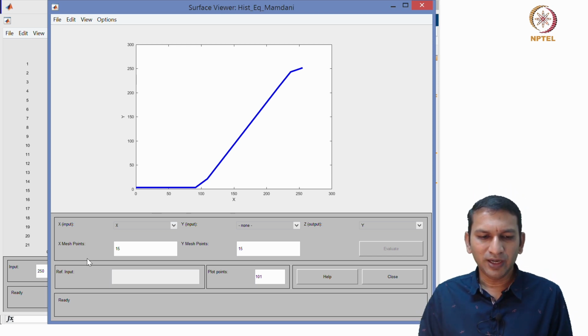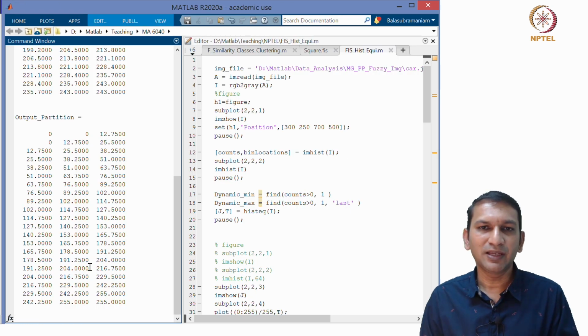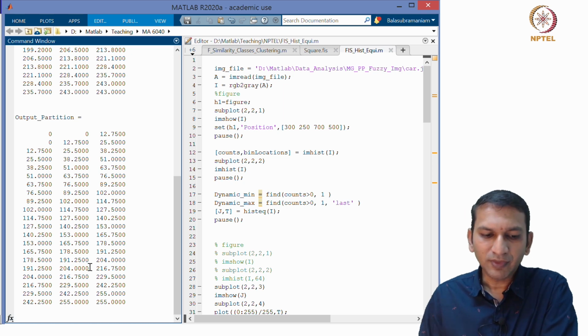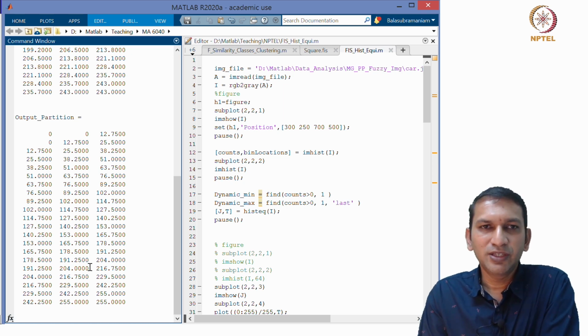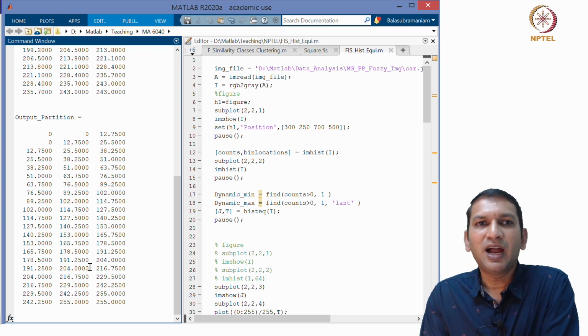Well, now let's look at what exactly we get if we apply this fuzzy inference system on the original image. So remember, the original image can be looked at as a matrix of pixel intensity values. So we take the image and give each of these pixel intensity values at each of these positions and find out what is the output pixel intensity value given by our fuzzy inference system, and map that as an image.